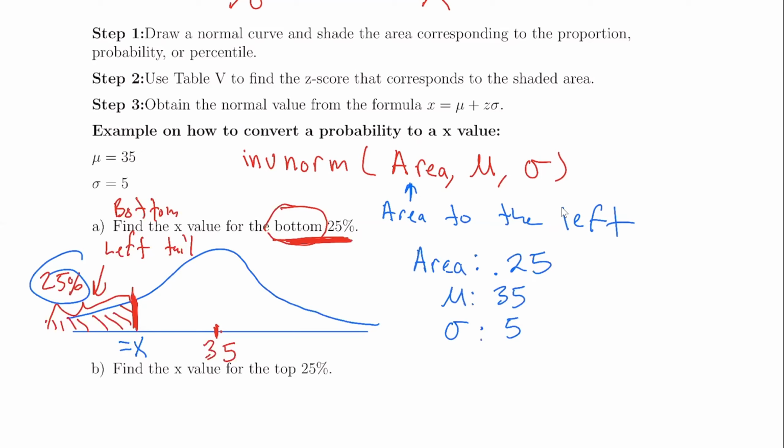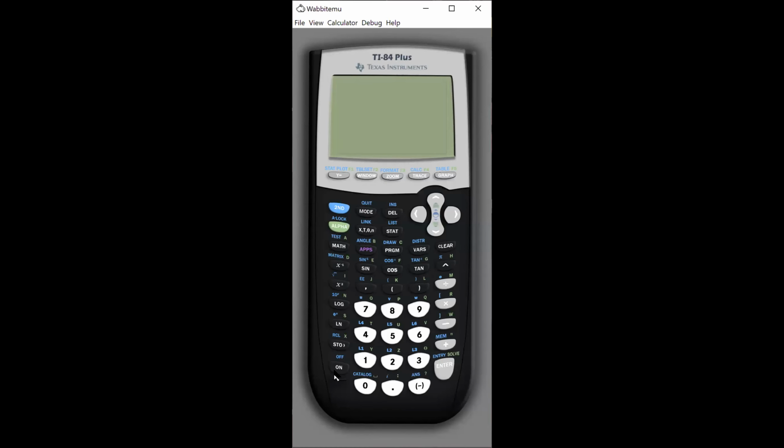All right, so I'm going to transition over to the TI-83 so you can see how to enter it in. First thing you want to do, hit second, hit VARS. Then where it says inverse norm, select that one. First it asks you for the area, so you put 0.25.